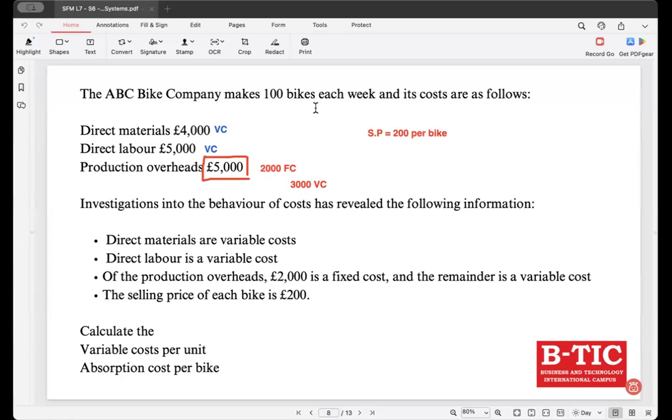Remember, the amounts given here are all in total. There are two methods: either calculate the total contribution and divide it by the number of units, or take the selling price per unit minus variable cost per unit to get the contribution per unit. That's up to you. And then the absorption cost per bike.